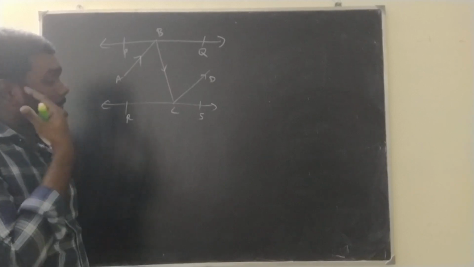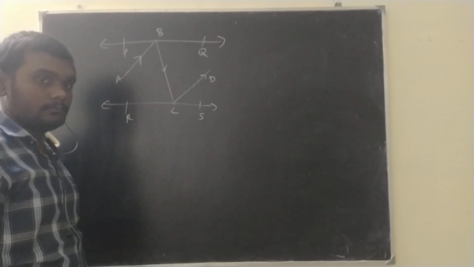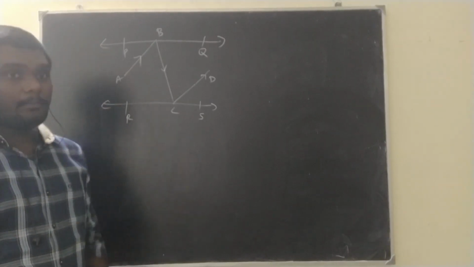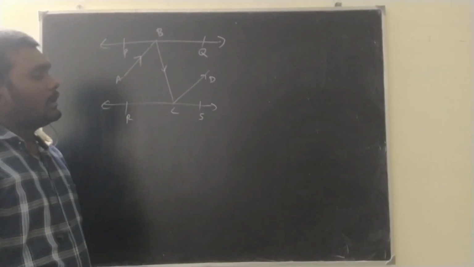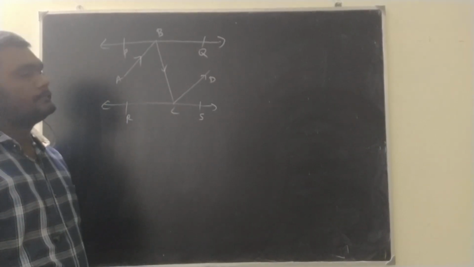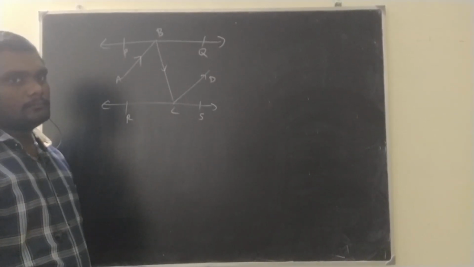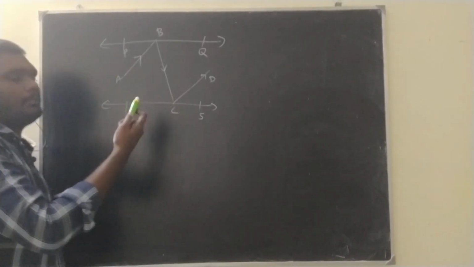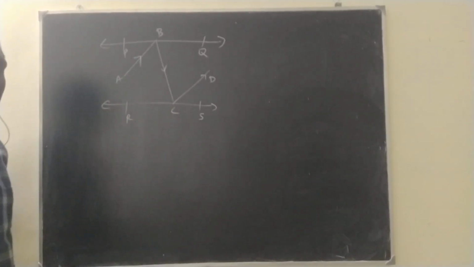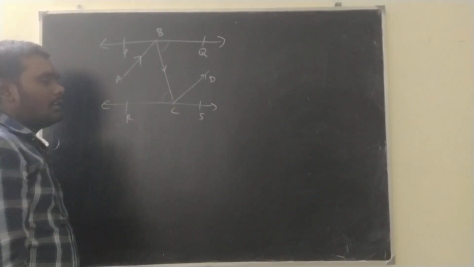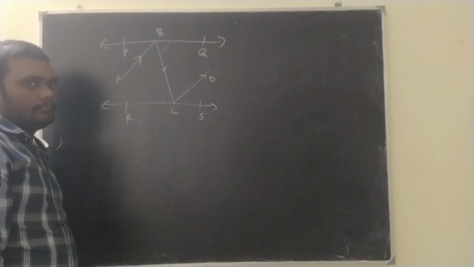How can we prove this? To prove two lines are parallel, we will look for another parallel line that may help us. What can we say from this? See, from the given parallel lines, PQ is parallel to RS, we may say these two angles are equal, which is not at all related to what we have to prove.